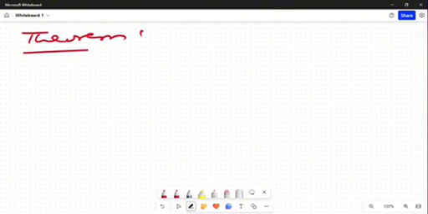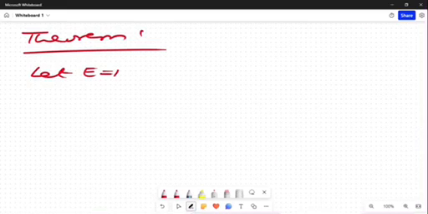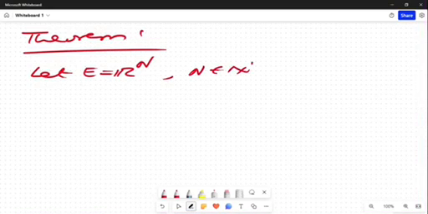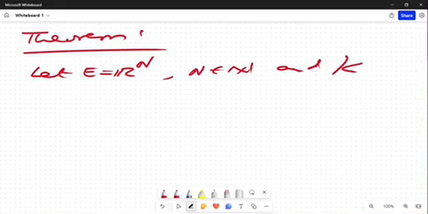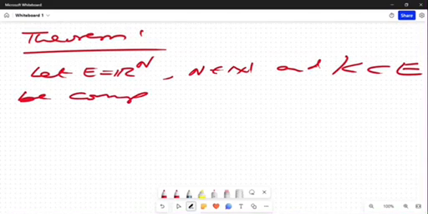I call this theorem 1. Let E be Rn, n-dimensional Euclidean space. Of course, n is a natural number. And K, capital K, be a subset of E, and let K be compact.